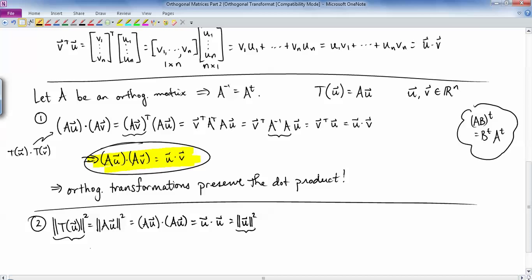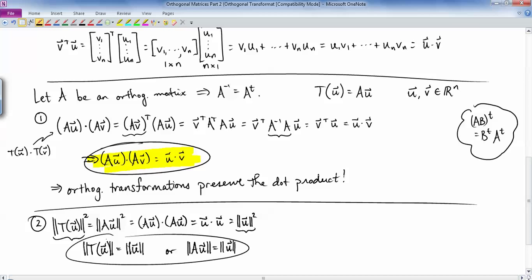So then I can say, all right, well then the magnitude of T of U equals the magnitude of U. Or some people prefer just the A version instead, the magnitude of AU equals the magnitude of U. Right? So this is a big conclusion here.